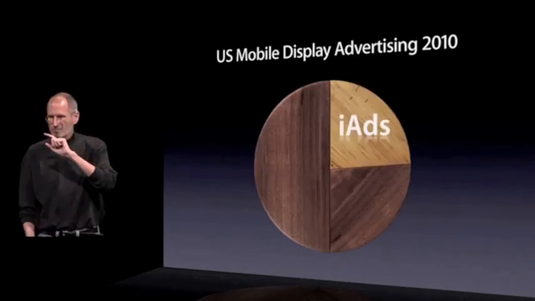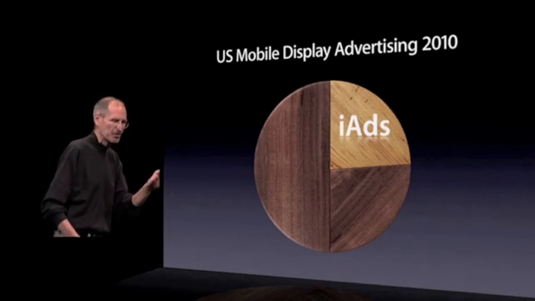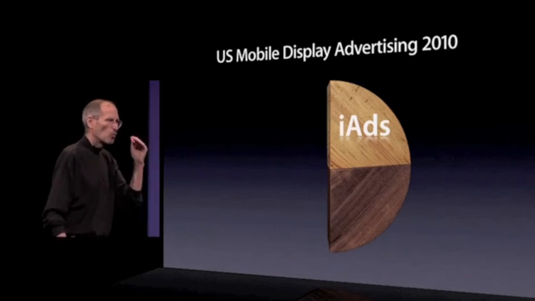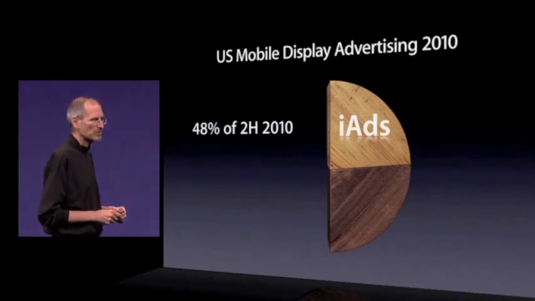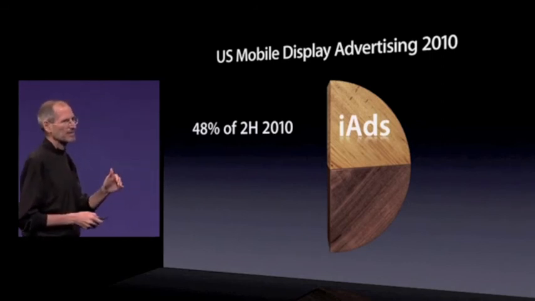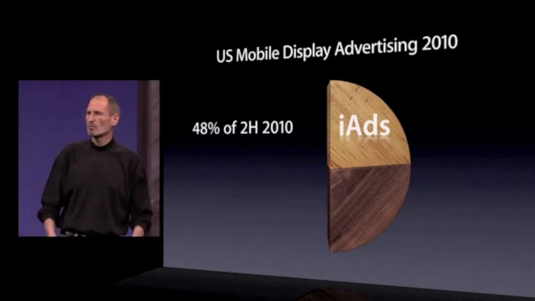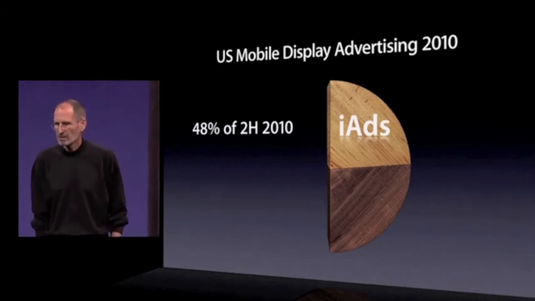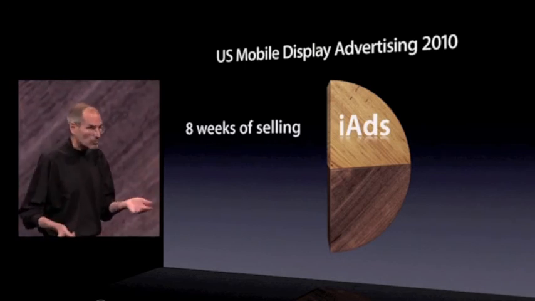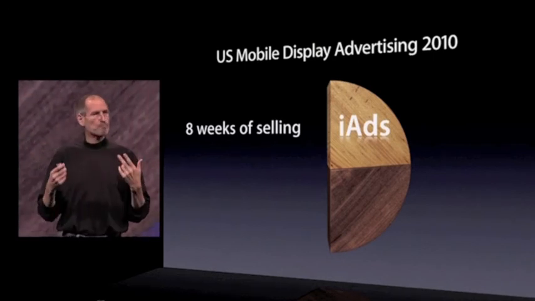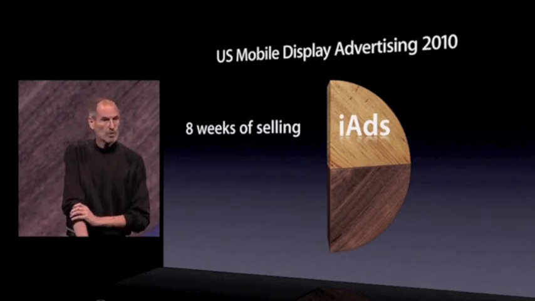But it's actually a little more, because we're only talking about the second half of the year. And so we're looking at iAds now with just the commitments we've gotten in the last 8 weeks to be 48% of the second half 2010 entire U.S. mobile display advertising market. We've only been at this for 8 weeks, and we're not stopping selling. So we think we're off to a pretty great start. And we'll report back to you on how we do.